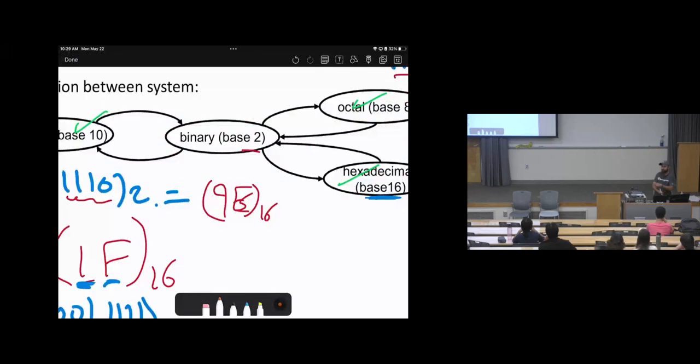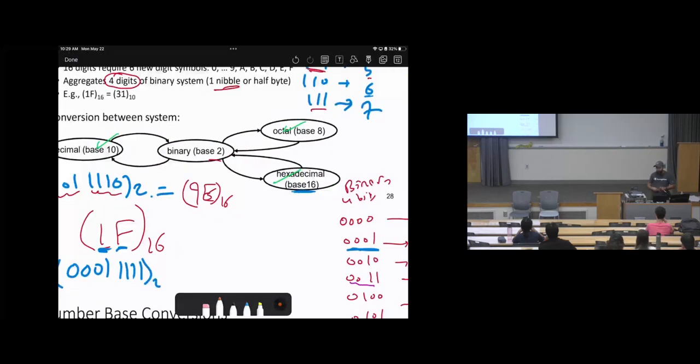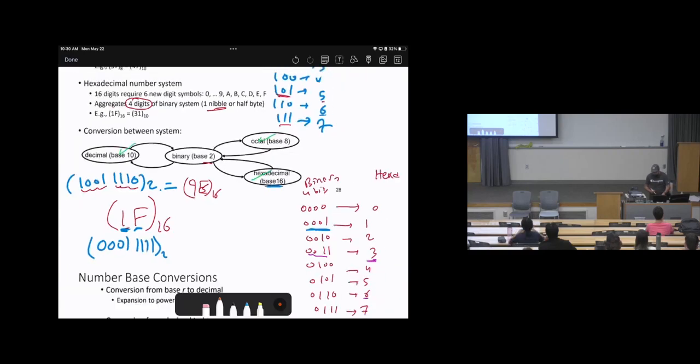So if we know how to deal with binary and make our programs deal with binary, then we can deal with decimal, hexadecimal, or octal at any time. To avoid confusion and overcomplication, let's learn how to deal with binary.